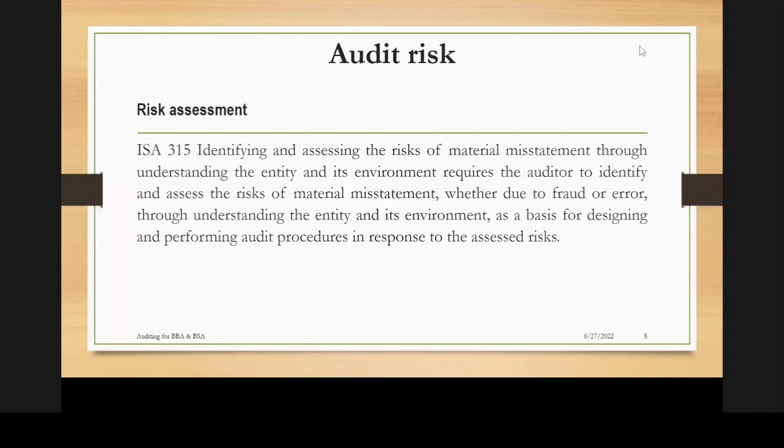But that stems from you understanding the entity very well and its environment, what they do. Then you look at their processes. Then you identify any possibility of material misstatements due to either error that is unintentional or fraud that is intentional. Are we together?